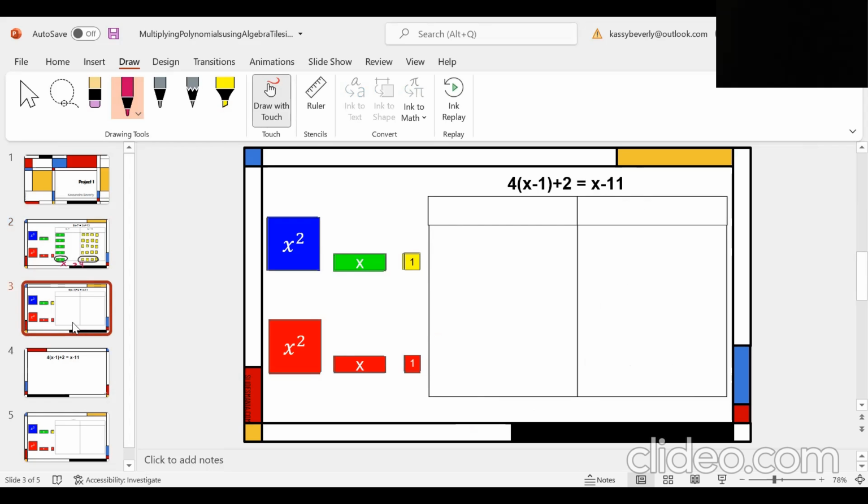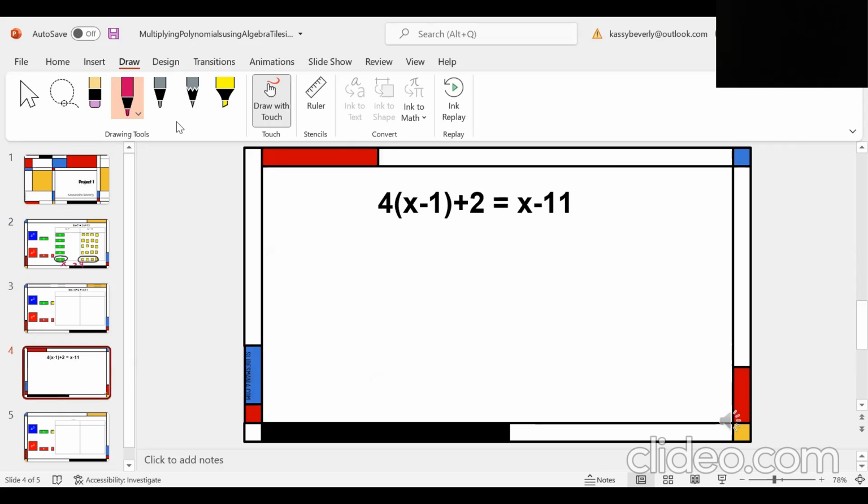All right, here we have 4 times parentheses x subtract 1 plus 2 equals x subtract 11. So before we can begin to separate these out into the algebraic tiles, we actually need to solve using the distributive property to get to the simplest form possible.